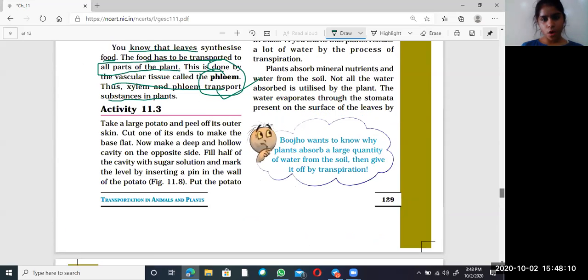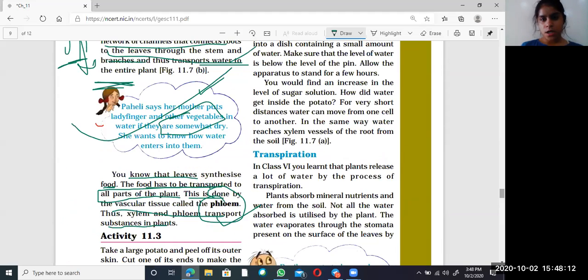Now your next topic is transpiration. Yes, transpiration wala topic. So people, what is transpiration? You might have noticed that sometimes when you touch a leaf, it might be having some water droplets on it, right? कभी होता है. Yeah, you might have seen.